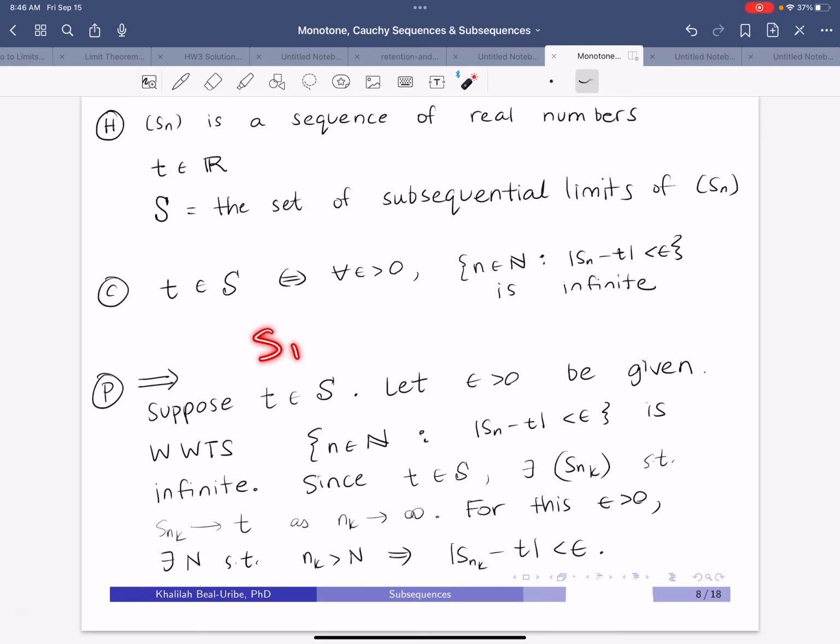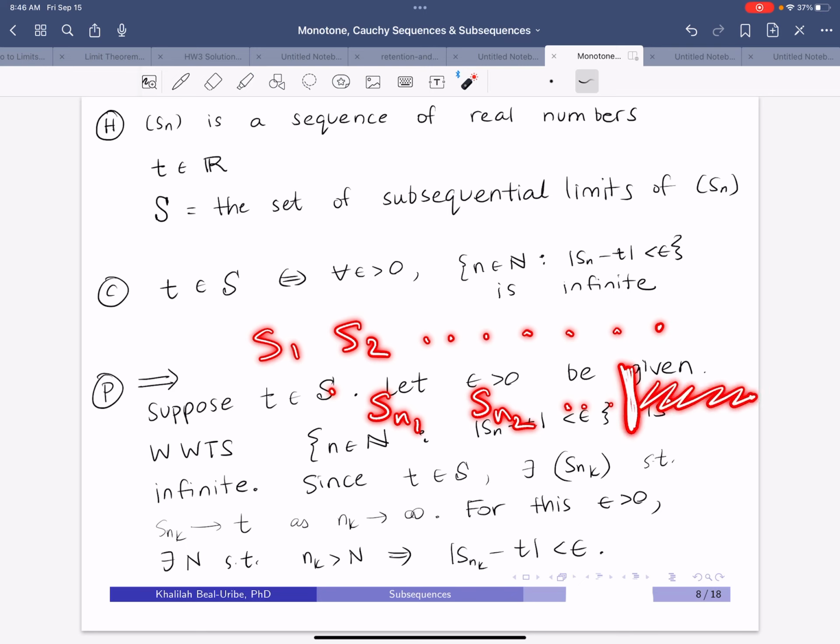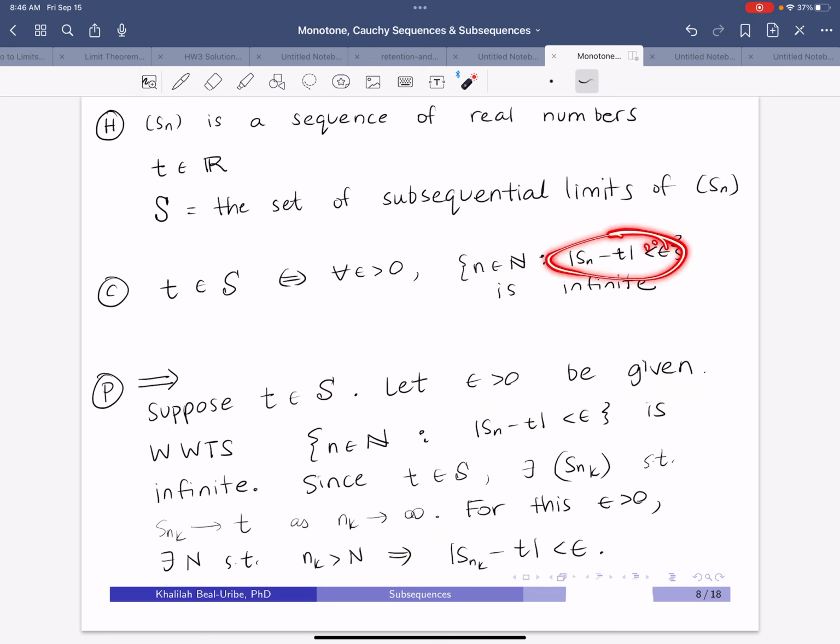So we have our sequence S1, S2, and then we have some subsequence Sn1, Sn2. There's some index after which all of the terms of your subsequence are in this interval. So that means you have to have infinitely many indices where this inequality is satisfied, okay?